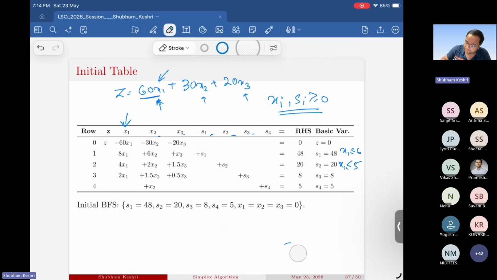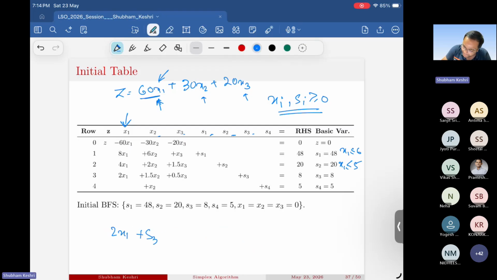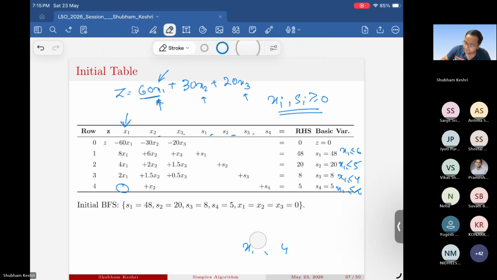For the third equation, 2x1 plus s3 equals 8. This will give you 8 minus 2x1 greater than or equal to 0, or x1 is less than or equal to 4. And for the fourth equation, you don't have x1, so x1 can take any value, as large as you like. So x1 is actually less than or equal to infinity, which we do not write.